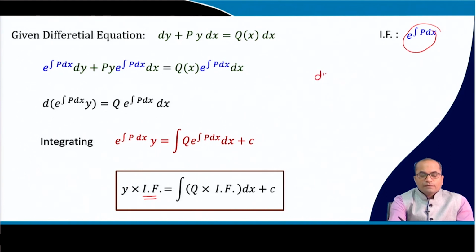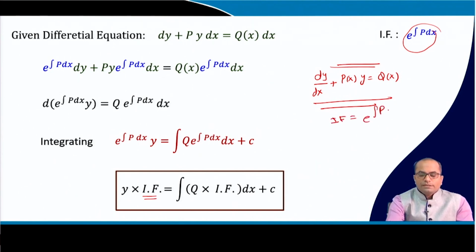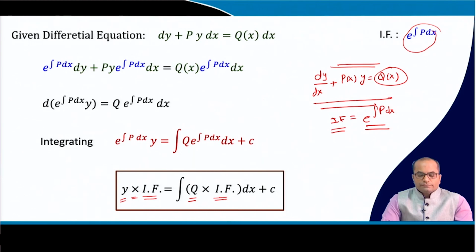So, the given equation will be dy over dx plus p(x) y is equal to q(x). Given this linear differential equation, we will find the integrating factor e^(∫p dx), and then once we have this integrating factor, we will write the solution directly, that y into this integrating factor is equal to the right hand side q, which will also be multiplied by the integrating factor, and then we have to integrate that right hand side plus a constant term.